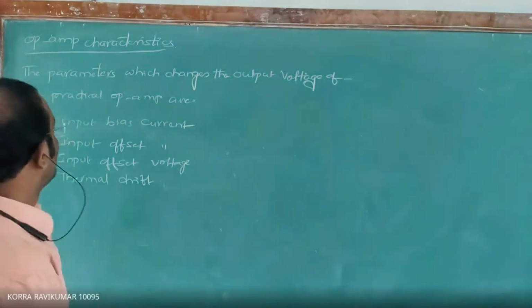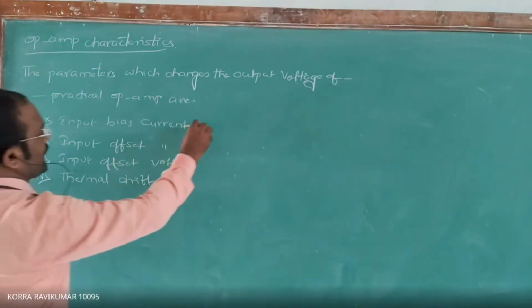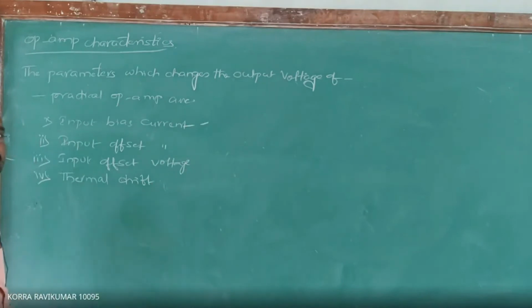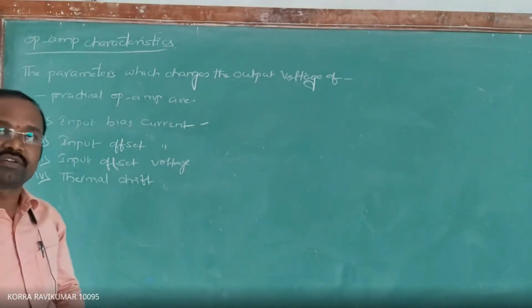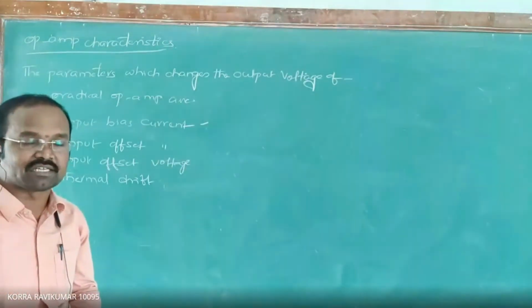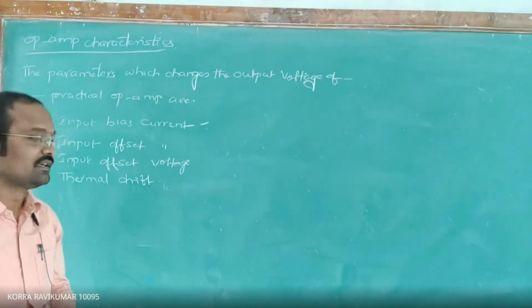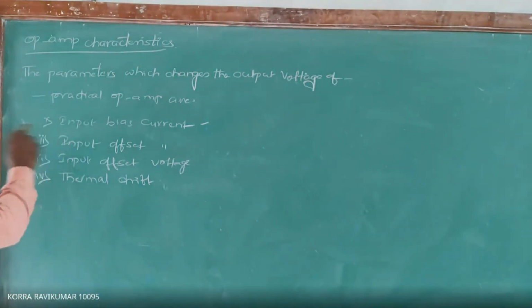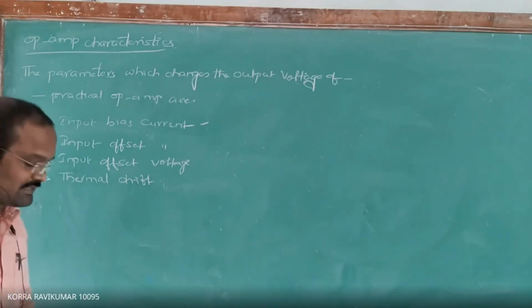Right. What is meant by input bias current and how does it affect the output voltage of the practical op-amp? Let us see here. First, let us take the input bias current.